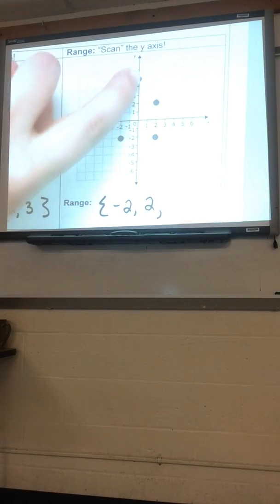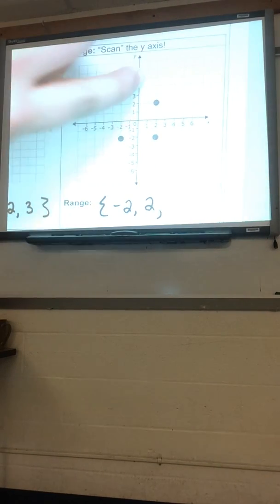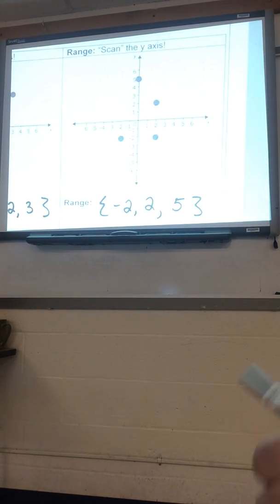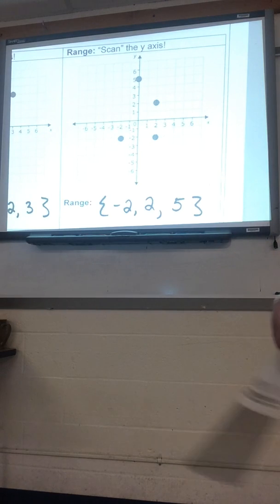And if I go up again, oh, stop at 5. So my range for that set of points is -2, 2, and 5. -2 and 2 are not the same number. So for some of you that might be saying that I repeated it, I really didn't. -2 and 2 are different.